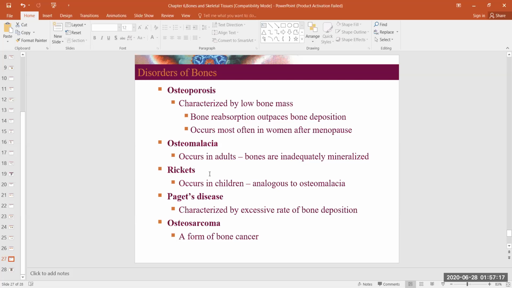So rickets is due to the deficiency of calcium, particularly vitamin D, in kids. Paget's disease is characterized by an excessive rate of bone deposition, and this is a kind of tumor-like structure. Osteosarcoma is a form of bone cancer. It is the malignant cancer of the bone, which comes from the bone cells.